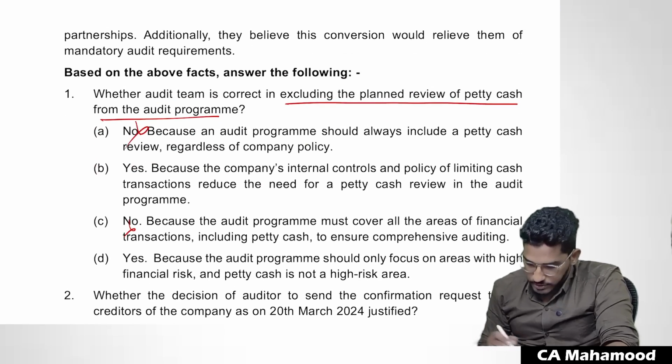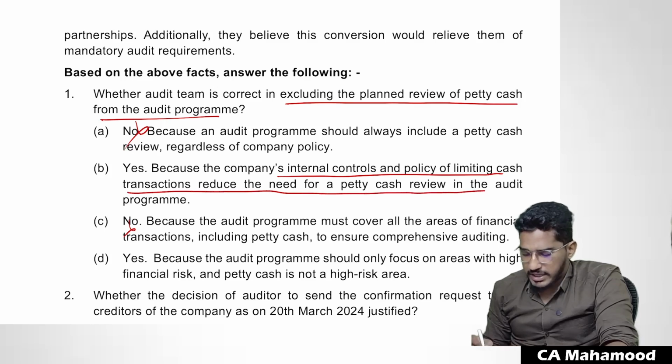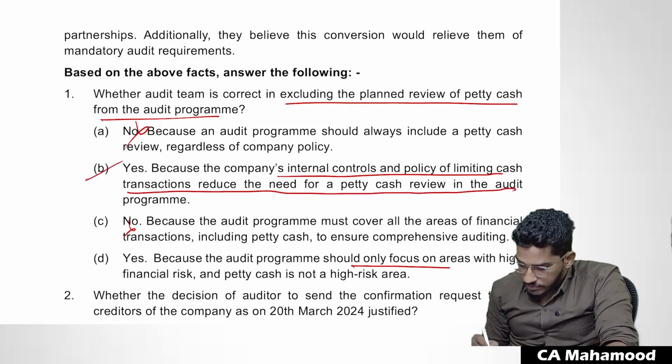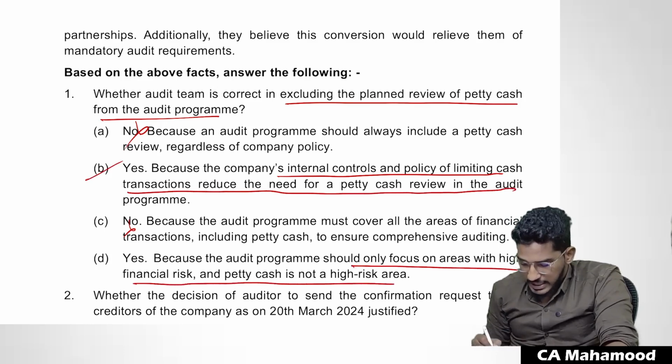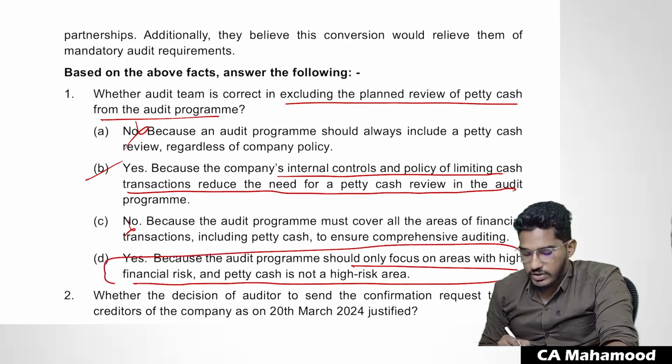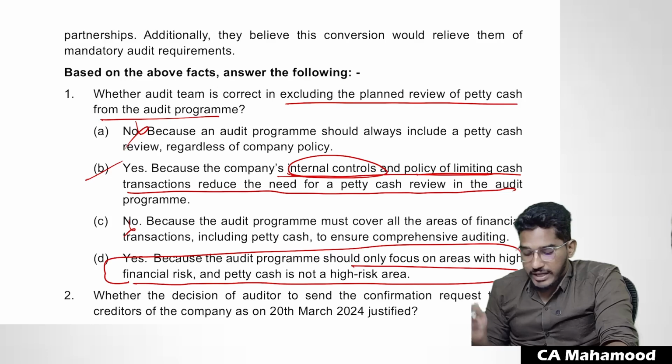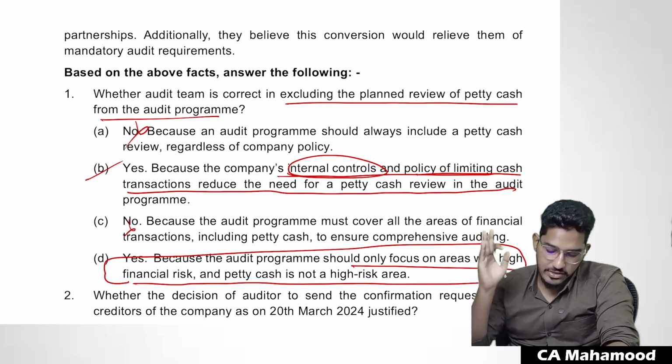If you see here, we have two options for yes. So option B says yes, because the company's internal controls and policy of limiting cash transactions reduce the need for petty cash review in the audit program. Yes, because the audit program should only focus on areas with high financial risk and petty cash is not a high risk. No, we are not ignoring it because it is high risk. We are ignoring it because the company is having a strong internal control system and they are trying to limit the cash transactions.